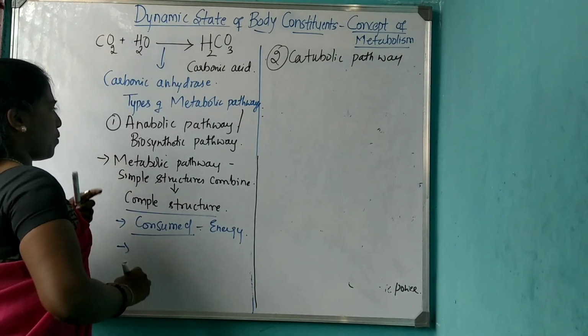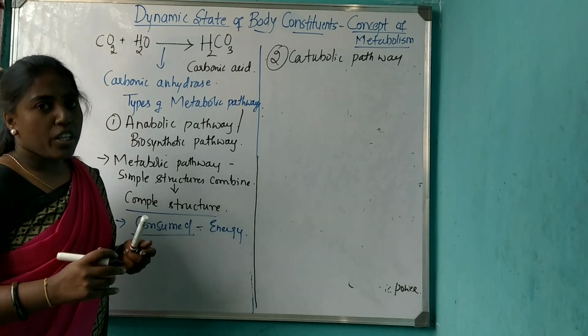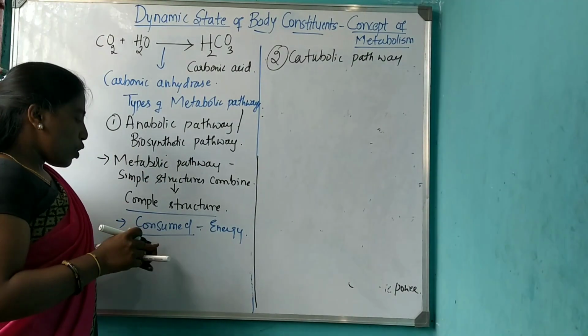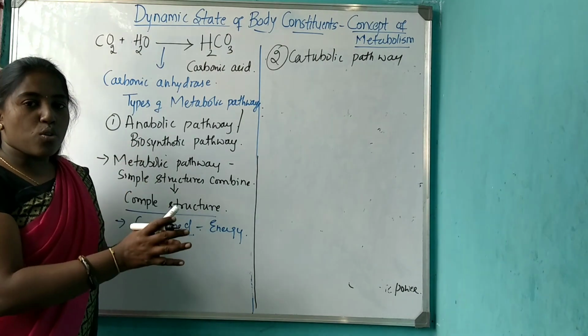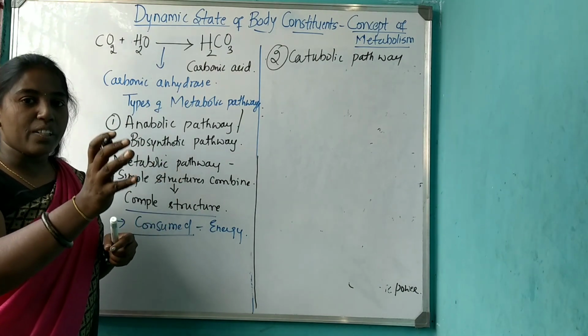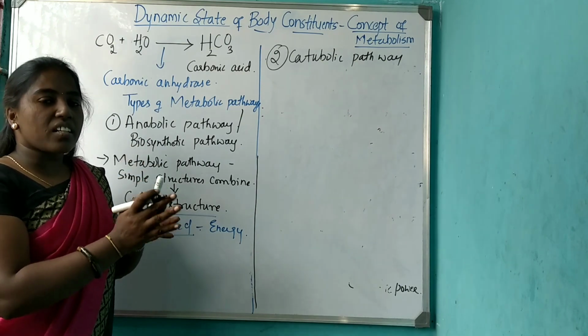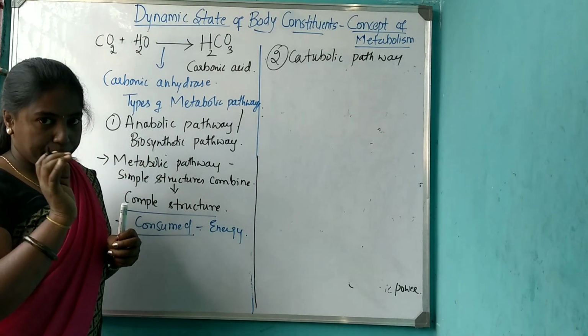Let us see an example for the anabolic pathway. Here formation of cholesterol takes place in the liver. The precursor is acetic acid.